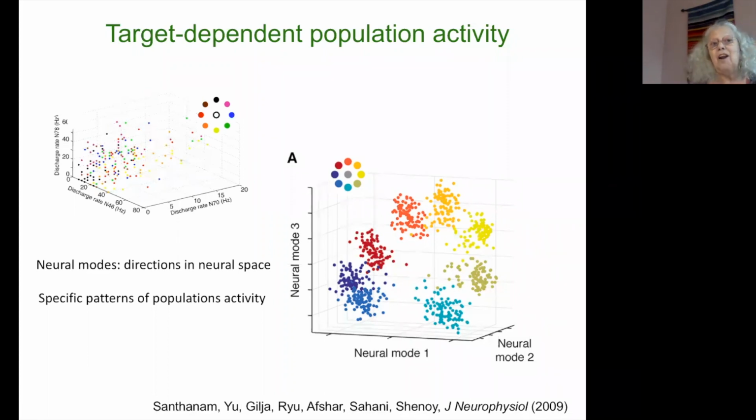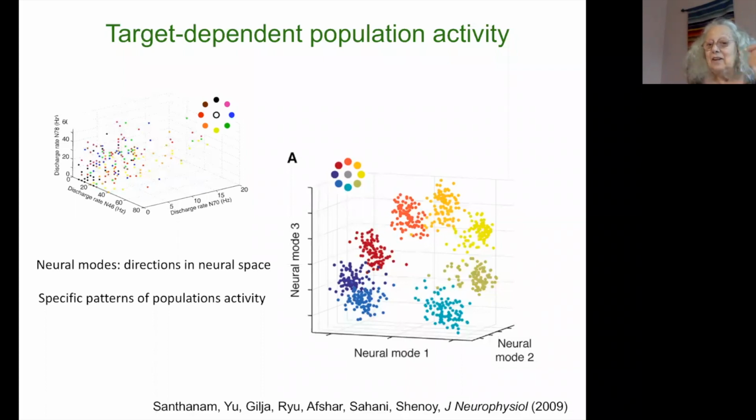These neural modes, like in principal component analysis, are directions in neural space, vectors that point in a given direction in this space of individual neurons, and they indicate a specific pattern of population activity.